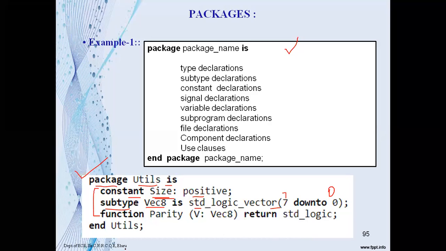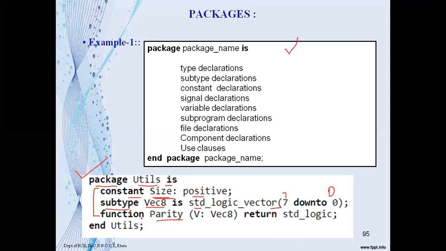Then see another declaration in this example: parity. Parity is a function. So size is the constant, vector 8 is a subtype, and parity is the function. What is a function?